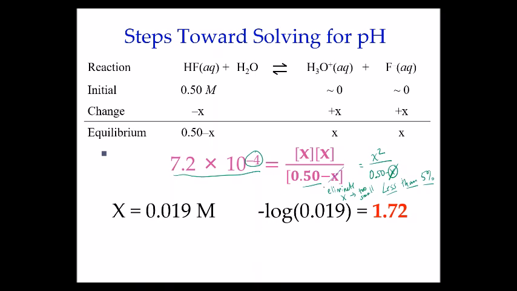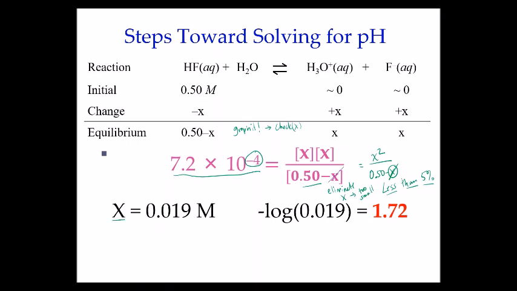But if it doesn't fall within that 5%, then you would just graph it. Graph it, you can always do that instead of the quadratic, to check the x, or you could do the 5% rule and check that as well. So we will check the 5% here and make sure that that works.